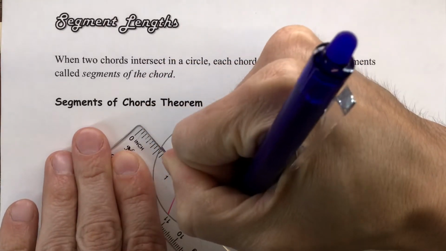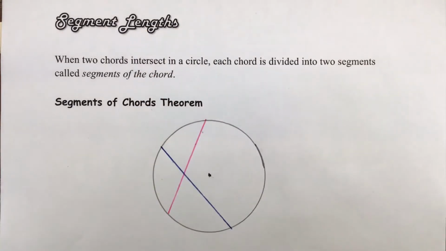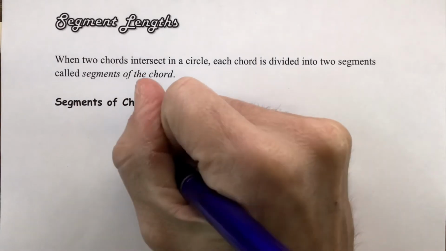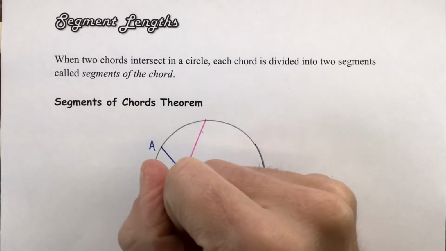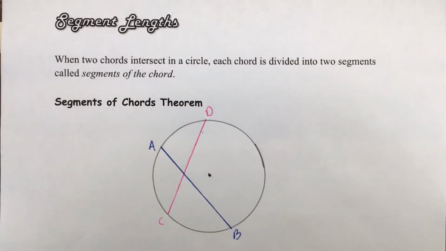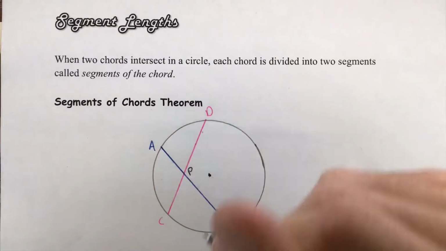I think that might show up a little bit better here. Okay, let's name some points here. Let's call that A and B, and C and D. And the point in the middle, let's call that just point P, just some point where they're meeting up there.